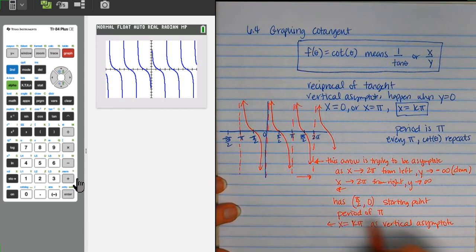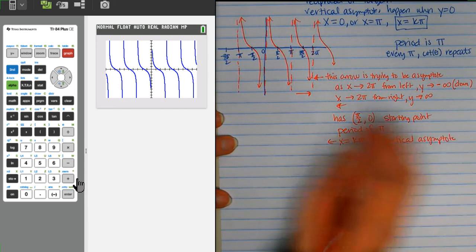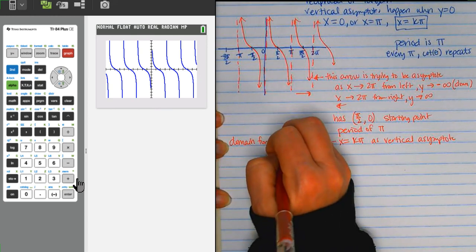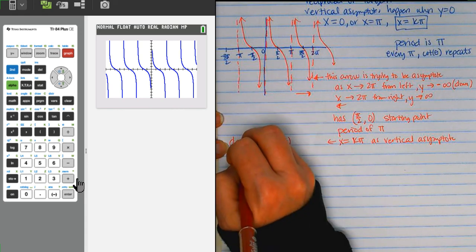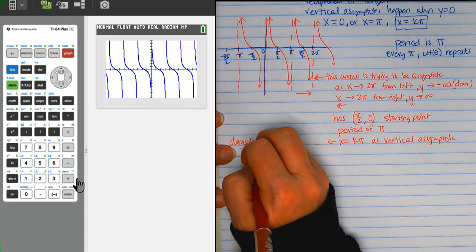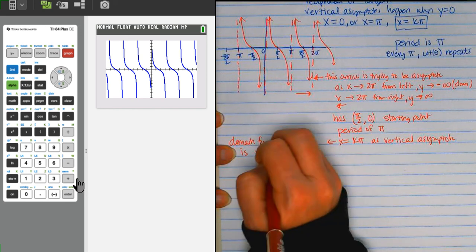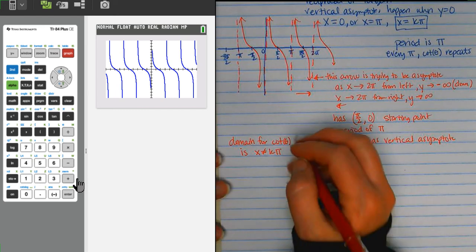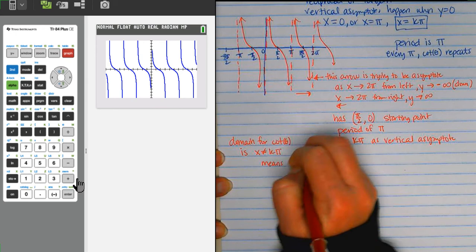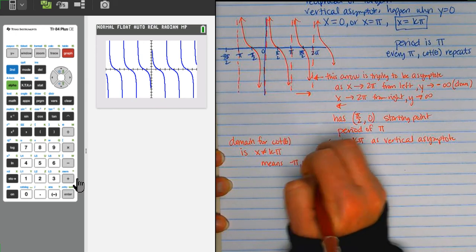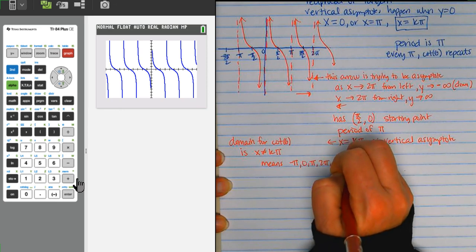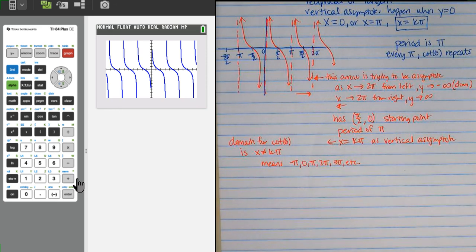Which means if this is a vertical asymptote, this means that the domain for cotangent is x is not equal to k pi. So it's every x except for one that's k pi. So that means negative pi, 0, pi, 2 pi, 3 pi, etc.